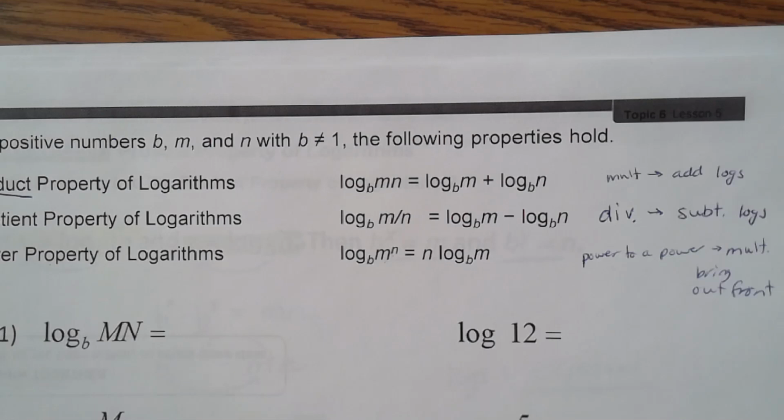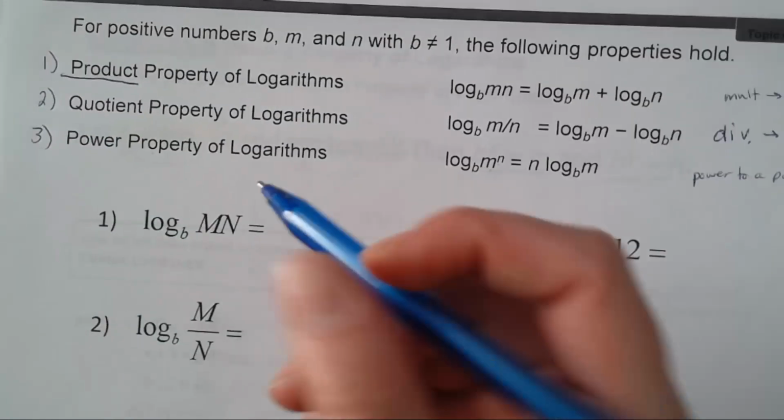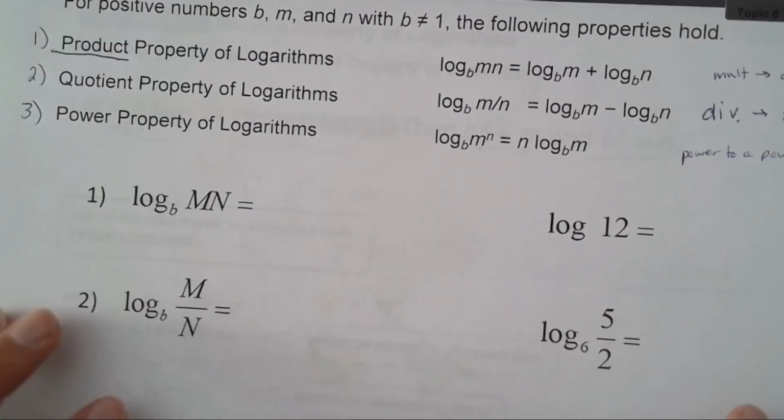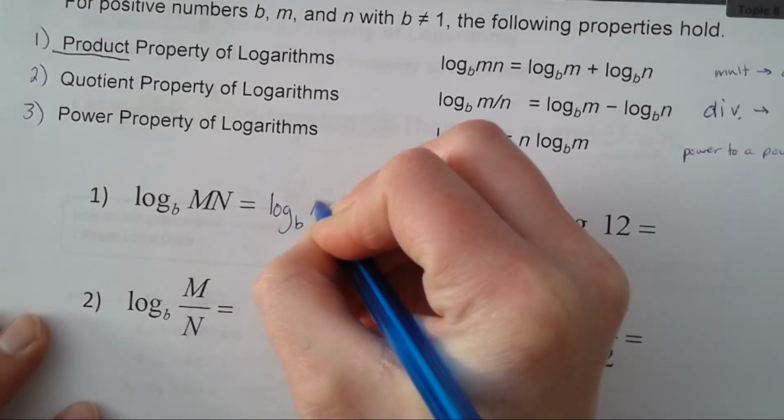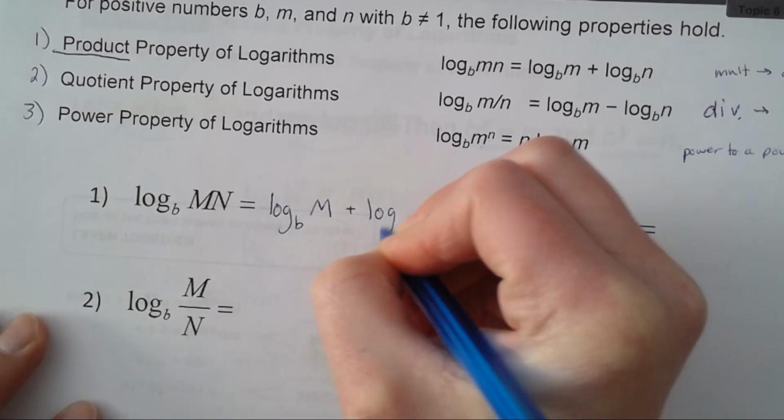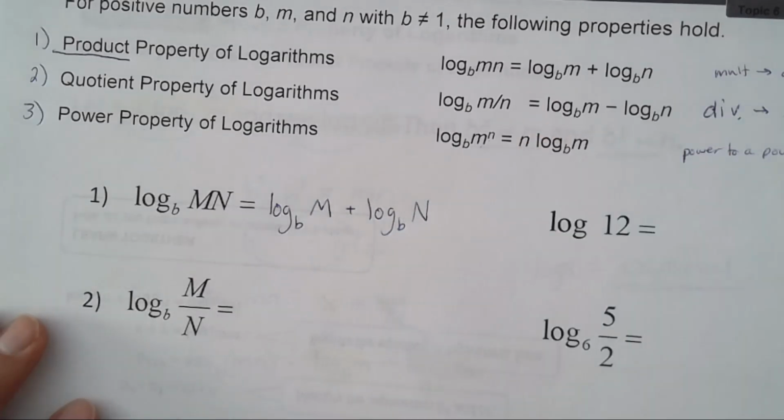Okay, so I'm going to start with just some basic examples, and then we're going to build on them. And so, right, we have our log mn, right, same base, that is the same as we just decided of adding our logs together. Now, how does that look?